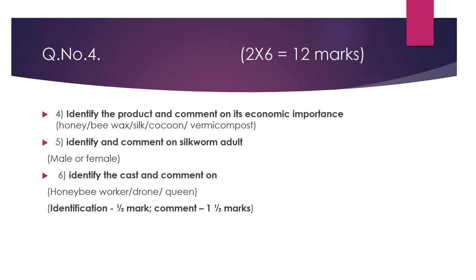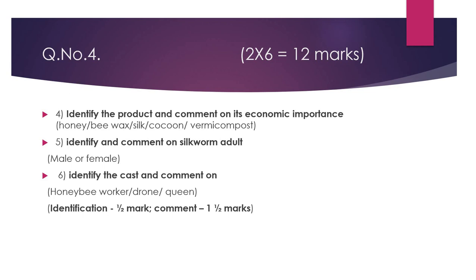Question number 5, identify and comment on silkworm adult. You will be given either male Bombyx mori or female Bombyx mori. You have to identify it and comment on the specific characters of the given male or female organism. Then last question is identify the caste and comment on it.